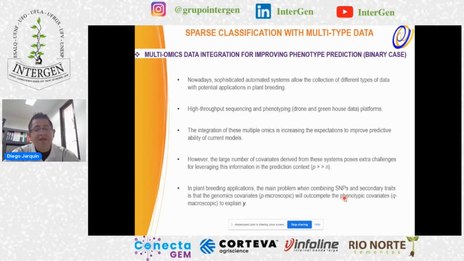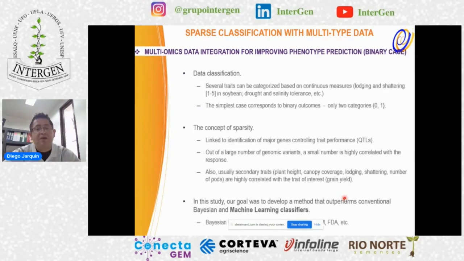In plant breeding applications, the main problem when combining two data types like SNPs and secondary traits is that the genomic covariates will outcompete the phenotypic covariates in explaining the performance of the plant. So you have millions of markers and information on 20 secondary traits, and whatever is there goes away with this large number of covariates when you treat them as the same type of variable.